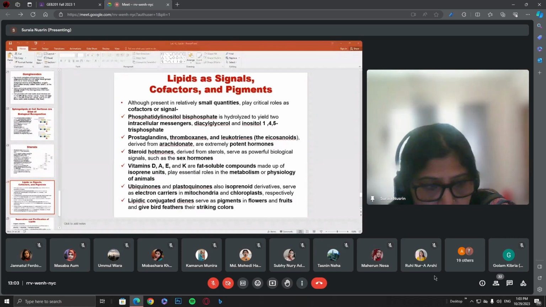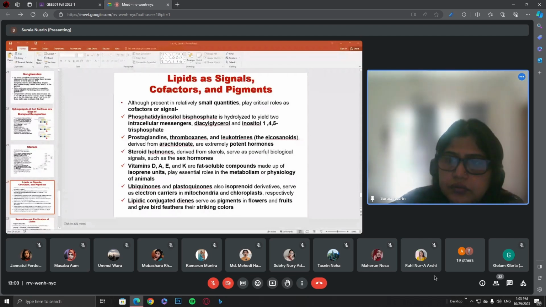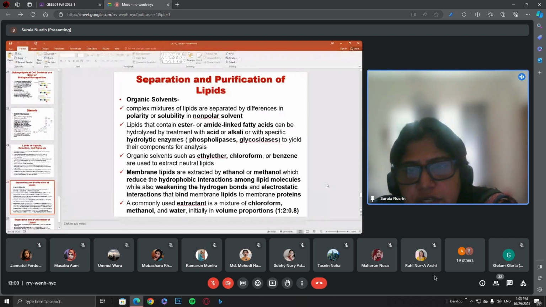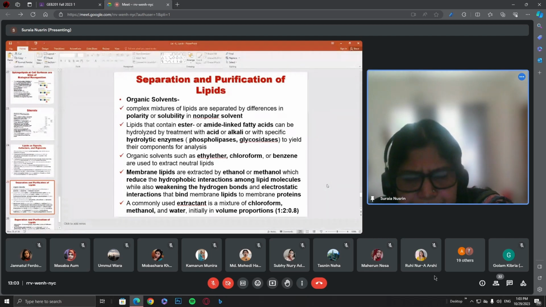Okay. So next we will learn, actually not elaborately, very briefly, about the separation and purification of lipids, because we already came to know lipids are insoluble in water.